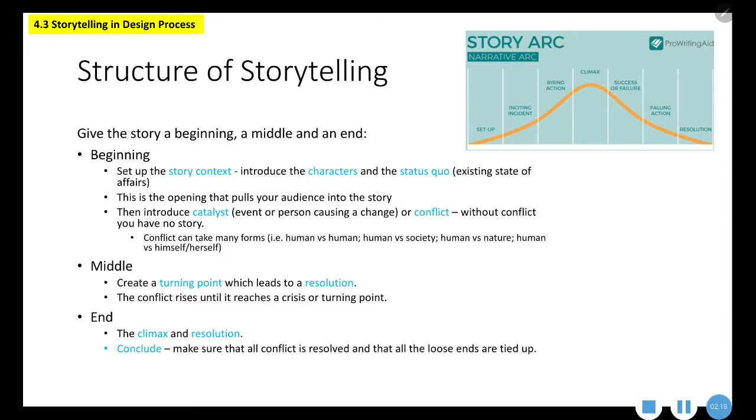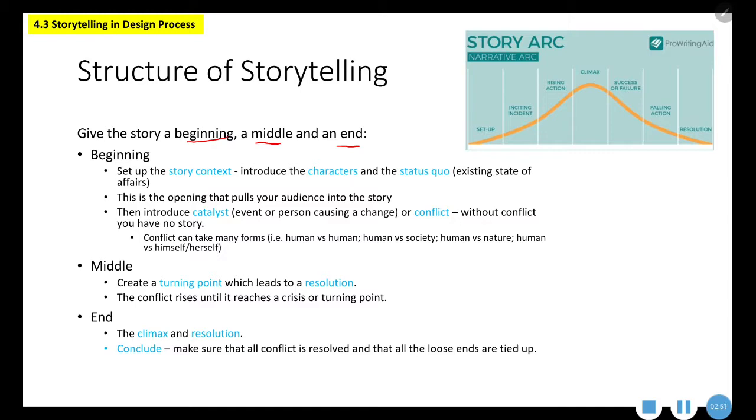So the structure of storytelling has to have a beginning, a middle, and an end. If you look into this representation here, the story arc, we start with the setup of the story, and then you will reach the climax, but along the way you will try to introduce the incidents and the actions taken.